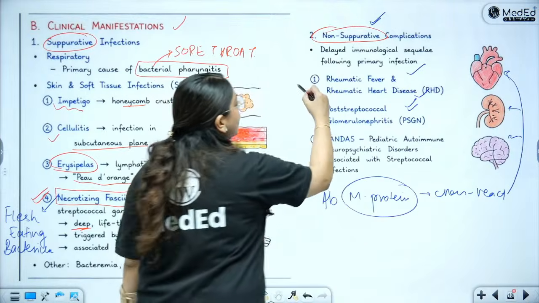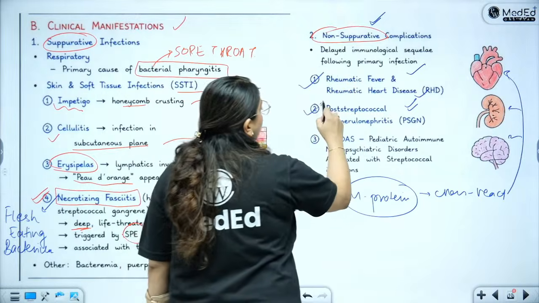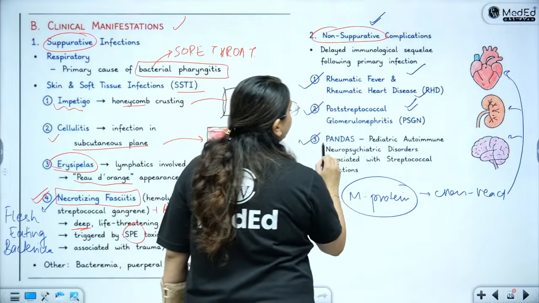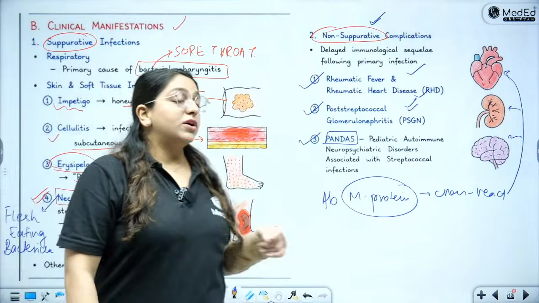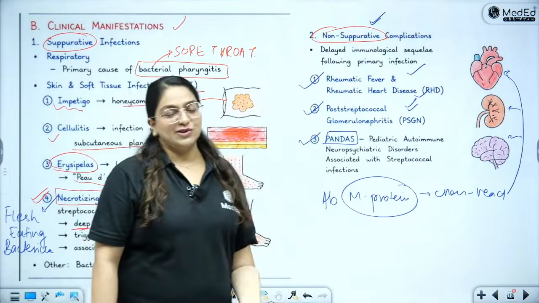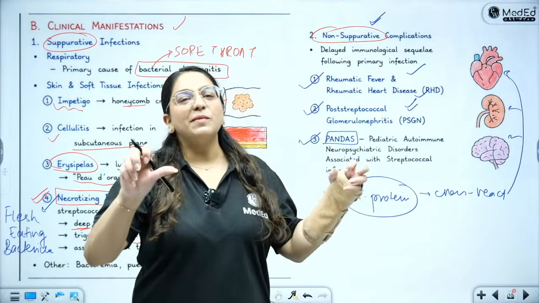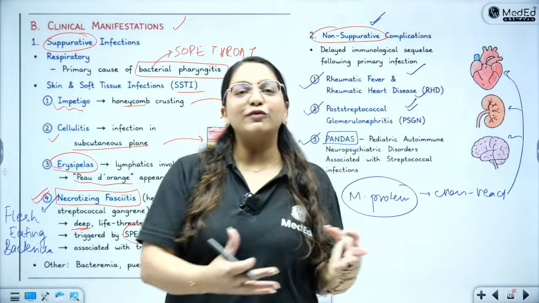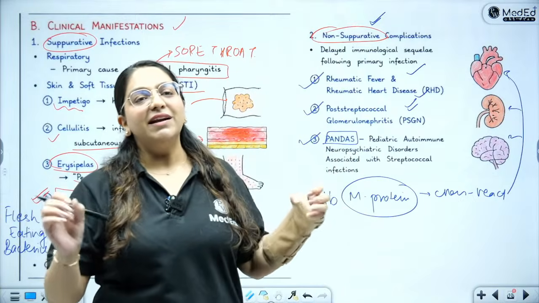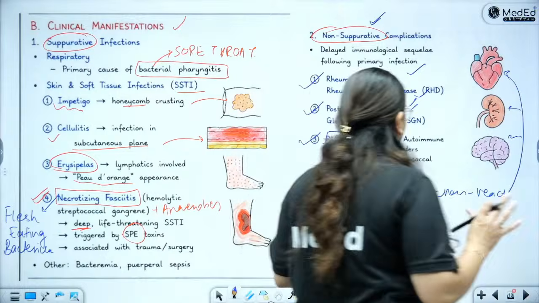So it causes acute rheumatic fever, post-streptococcal glomerulonephritis, and something called PANDAS. What is PANDAS? Pediatric autoimmune neuropsychiatric disorders associated with streptococcal infections. My students tend to love remembering this full form, because the weirder the name, the more they love to remember it. So that is PANDAS.